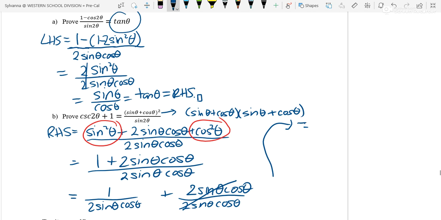And then, if I take a look at what I actually want, I want cosecant 2 theta. Well, I can actually rewrite this back to 1 over sine 2 theta, because remember, sine 2 theta is 2 sine theta cos theta, and then I have plus 1.